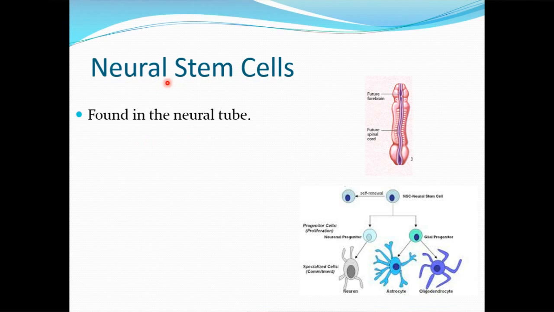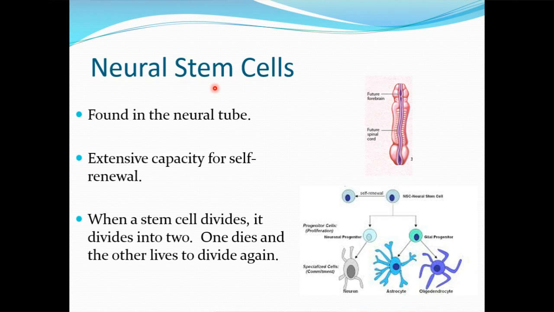And just in case you don't know, stem cells are your basic little cells that can develop into any other cells. That's why they're so important. So they are found in the neural tube. They have an extensive capacity for self-renewal.